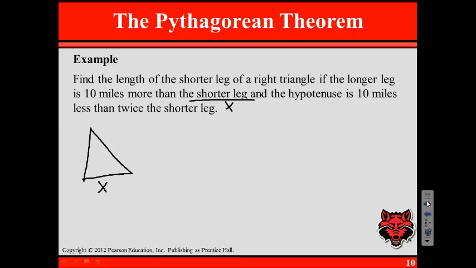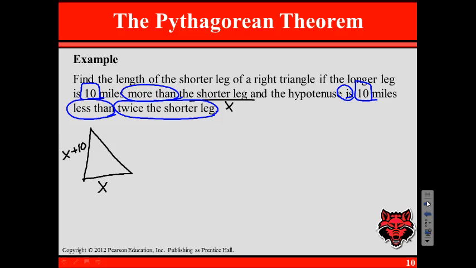It says that the longer leg is 10 miles more than the shorter leg. More than means addition. So the longer leg is x plus 10, 10 more than the shorter leg. And the hypotenuse, it says, is 10 miles less than twice the shorter leg.